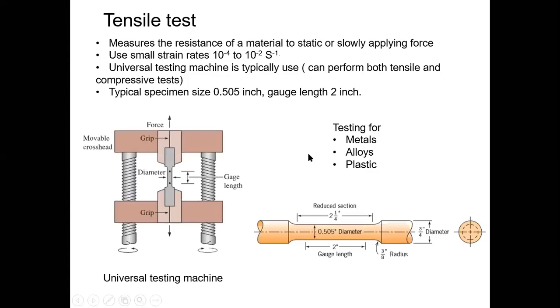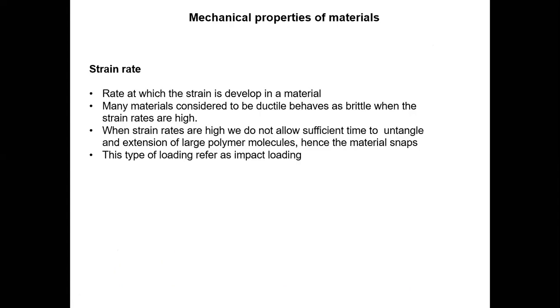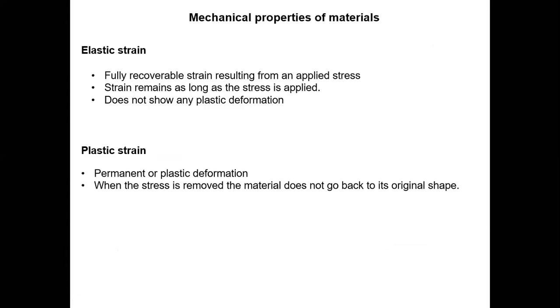Now we will talk about the tensile test. We talked about plotting a stress strain curve, and about tensile stress, compressive stress, all those things. So how do we get the information to plot a stress strain graph like this?